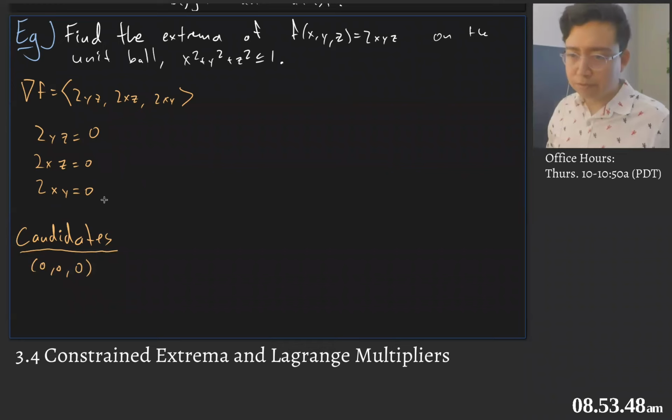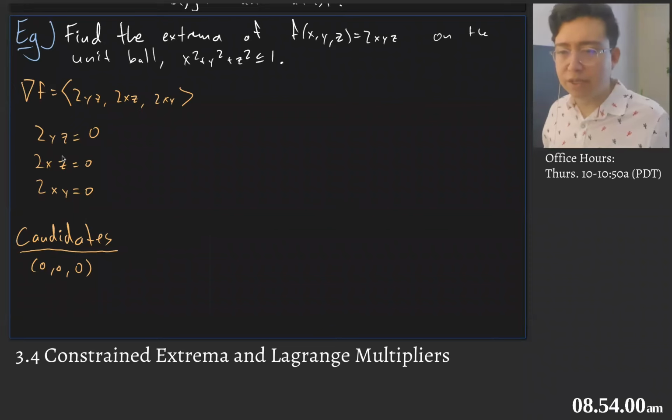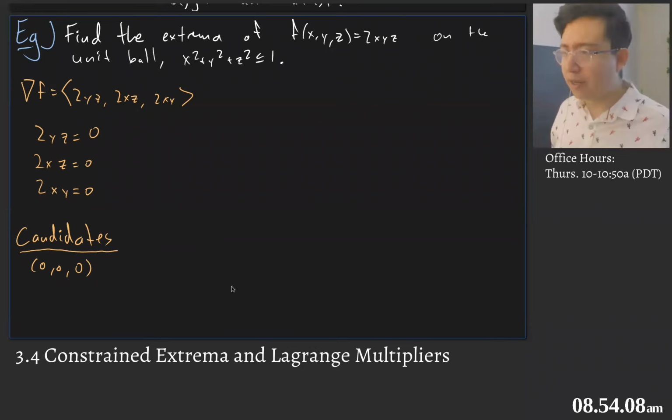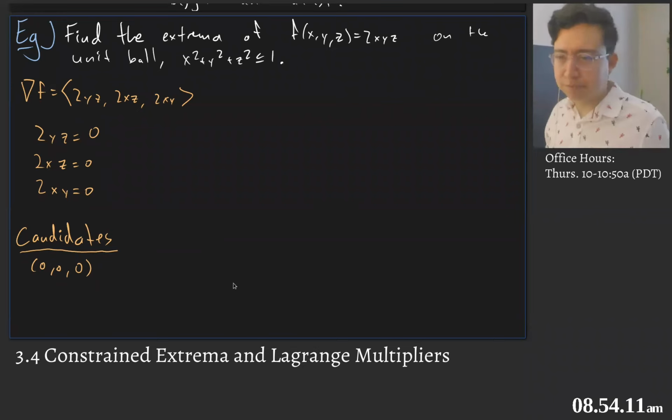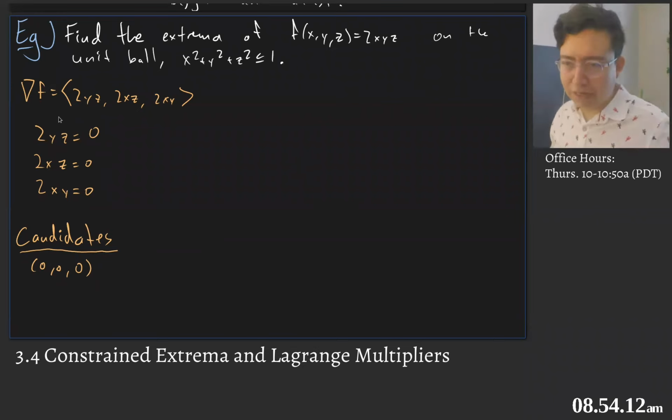And so the origin is going to tell you everything. So I think if you see this sort of thing on a quiz or something, it would be fair to take this as the list of candidates right here, at least for the first derivative test.